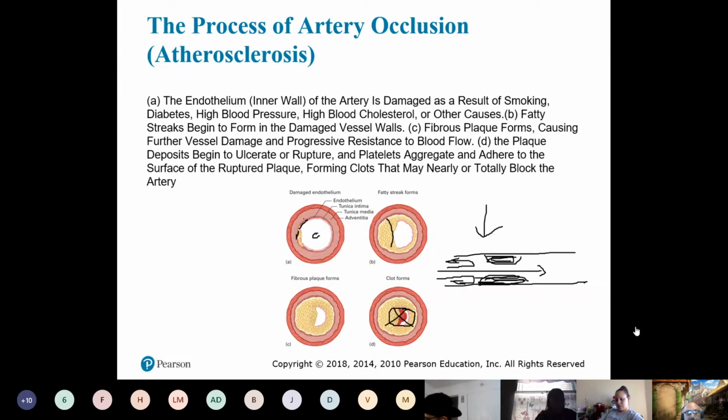Is it true that women are more likely to have a heart attack earlier than men? Men are more likely to have a heart attack, or at a younger age.